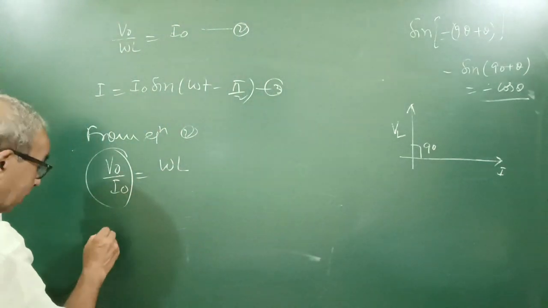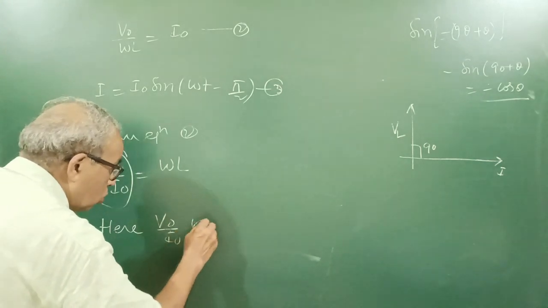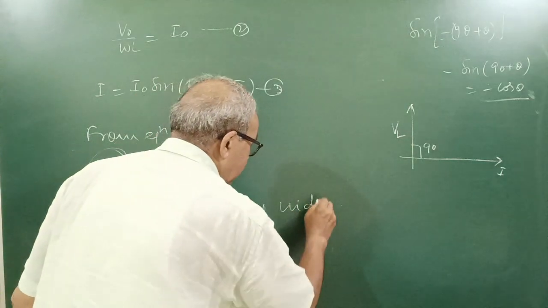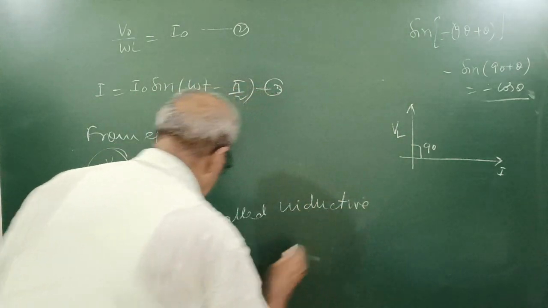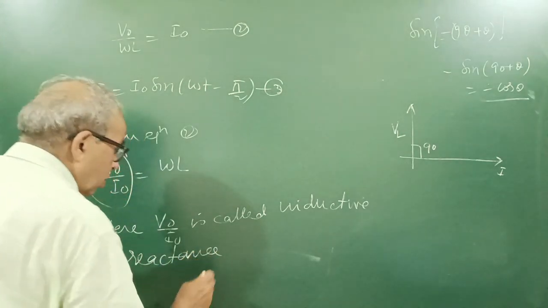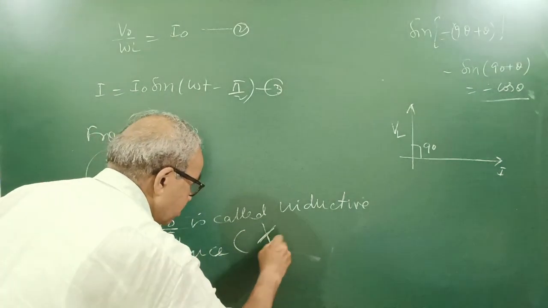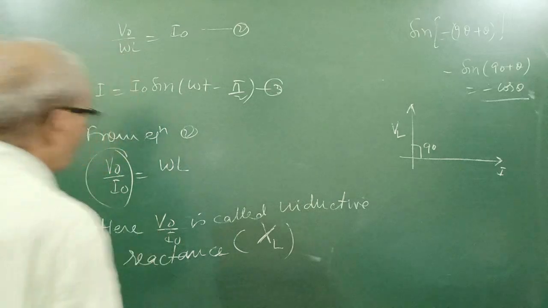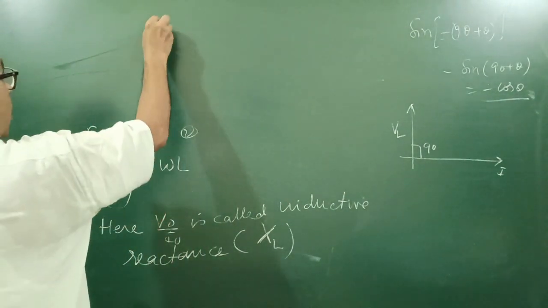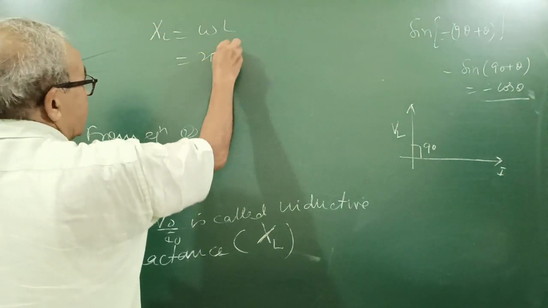So this term V0 upon I0 is called inductive reactance, denoted by XL, suffix L. So XL is equal to omega L, or equal to 2 pi f L.